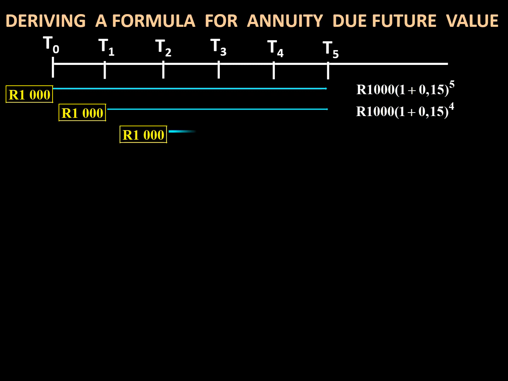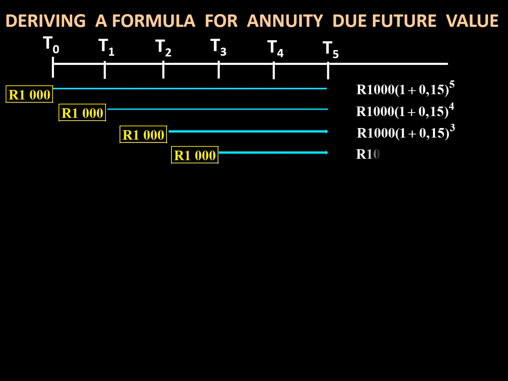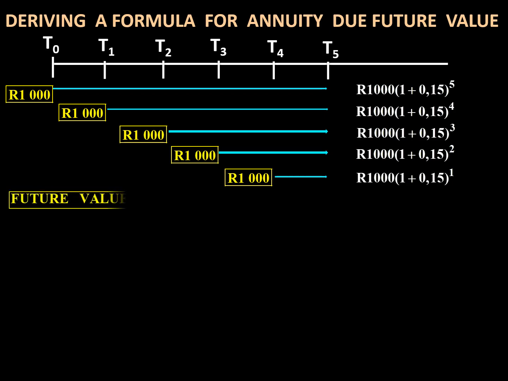Then the third deposit at the beginning, and then the fourth deposit, that's there for 2 years, and then the last deposit is there only for 1 year. And because we want to find the future value, this is a series, so we find the summation of that.